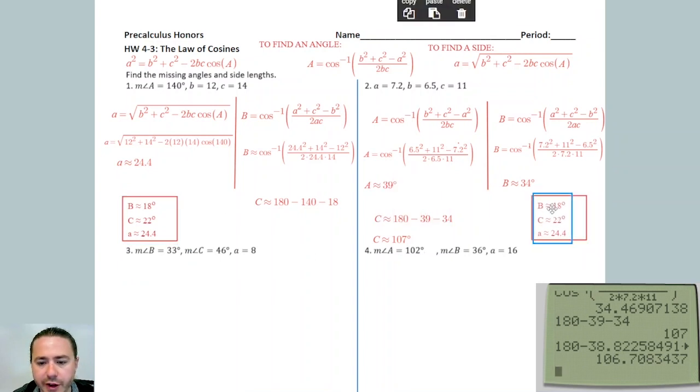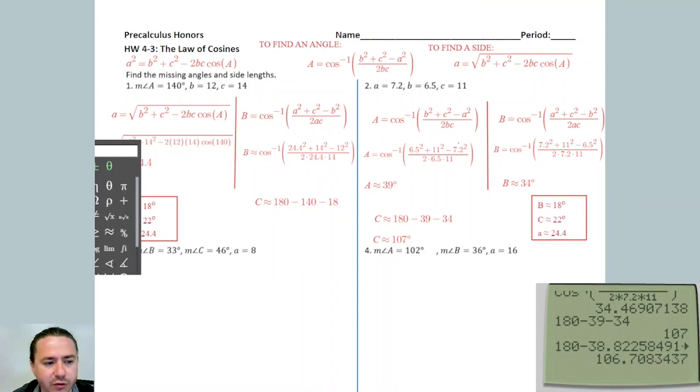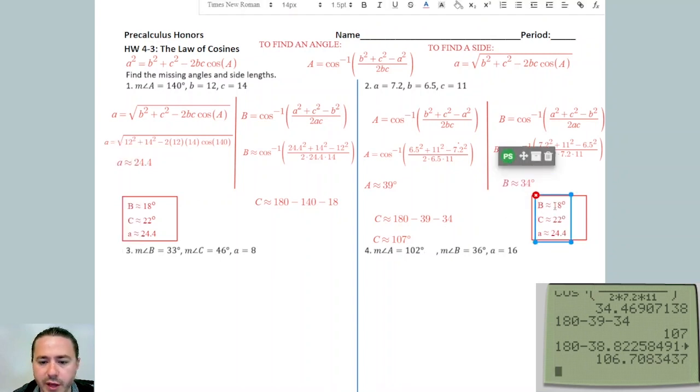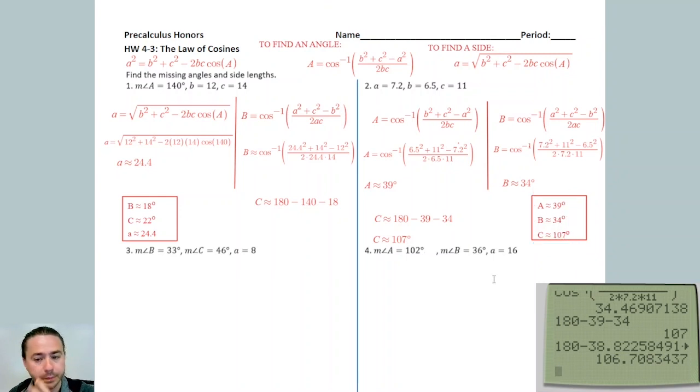Let me just write up the final answer to finish this off. We've got angle A was 39 degrees, angle B was 34 degrees, and angle C was approximately 107. There we go. Okay. So there's number 2.